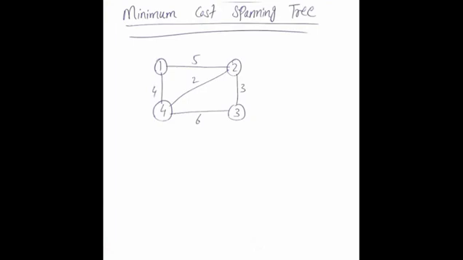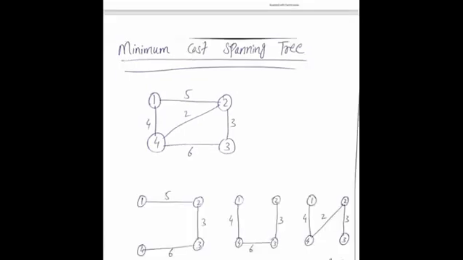We will get the spanning trees like this. Here we have drawn all the possible spanning trees, and we haven't joined 1 to 4 in the first spanning tree, because if we join 1 to 4, this will create a cycle, and this will not be a spanning tree anymore. This will become a graph.